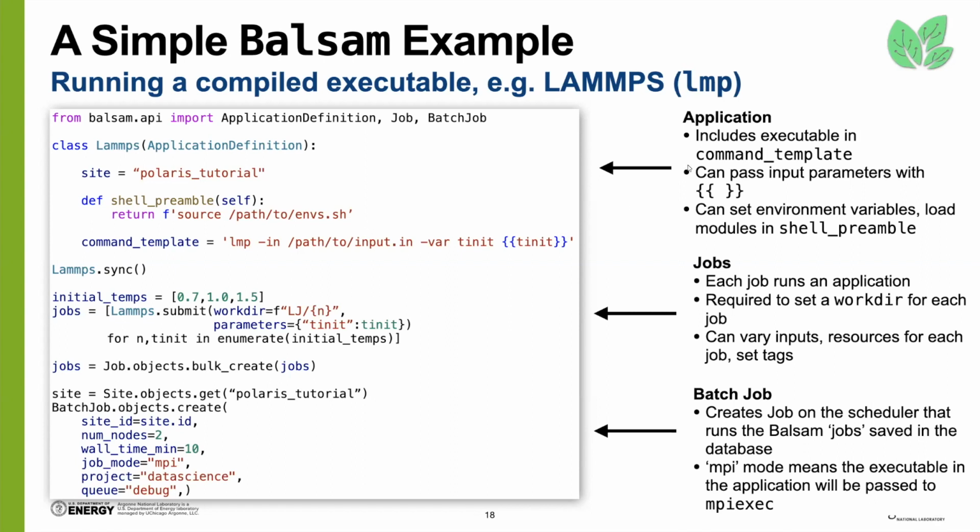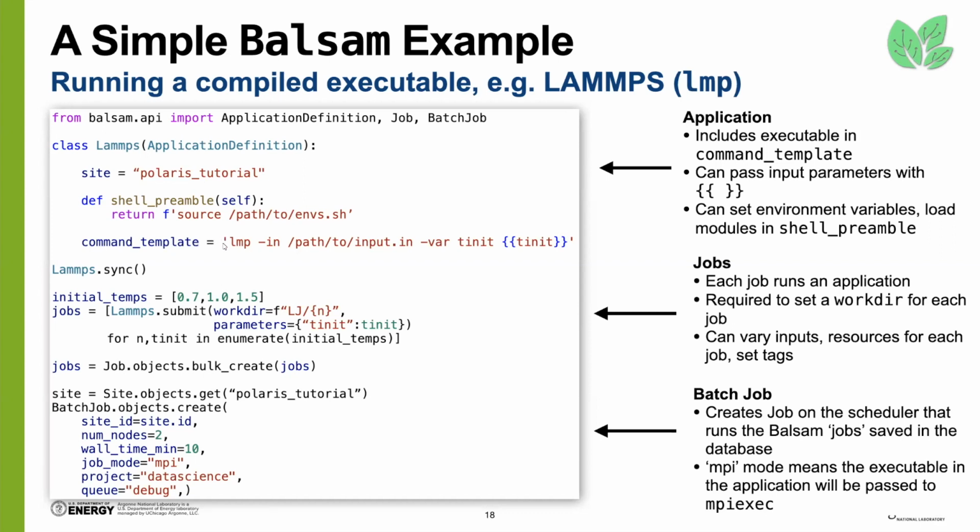So first, to create the application, you will create a Python class called LAMMPS that's of type ApplicationDefinition. This is part of the Balsam schema. And as part of the application, you have to define the site that it's attached to, and you have to give it the executable, which is contained here in this variable, command_template.